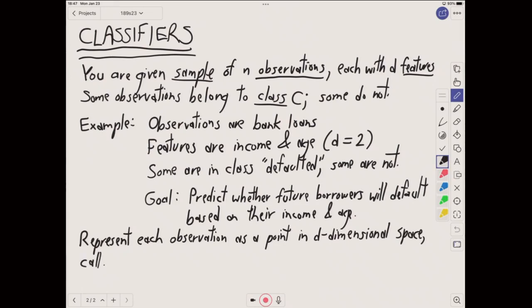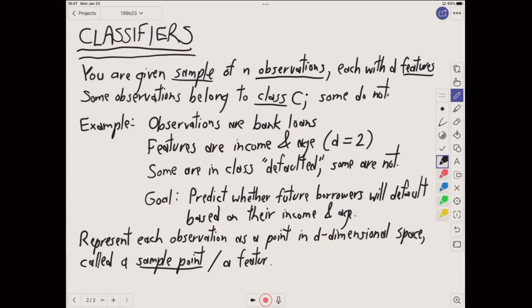But these observations, since we're thinking of them as points in some Euclidean space, we might call them sample points. But they go by other names, so these are synonyms that you'll often see in the literature as well.